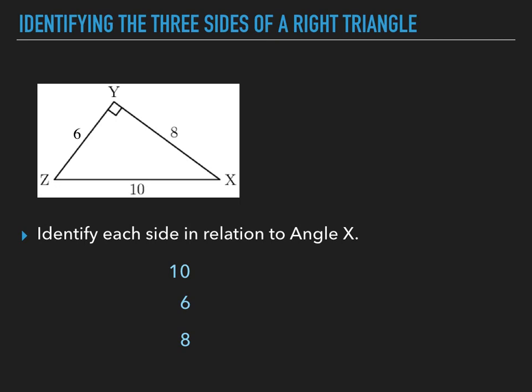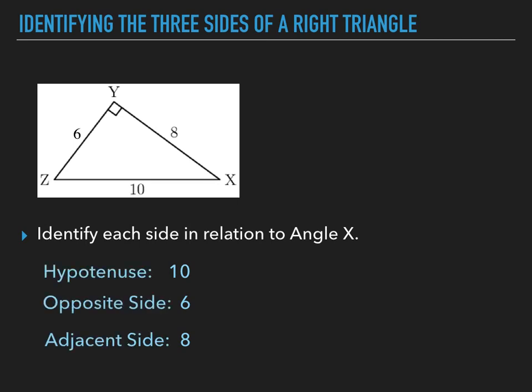What is 6 in relation to angle X? 6 is the opposite side. And 8 then must be the adjacent side. So you want to be comfortable going either way. Either I'll give you the number and you'll tell me, oh, that's the opposite of angle X. Or I'll say, given angle X, what's the adjacent side? And you need to come up with the number 8.